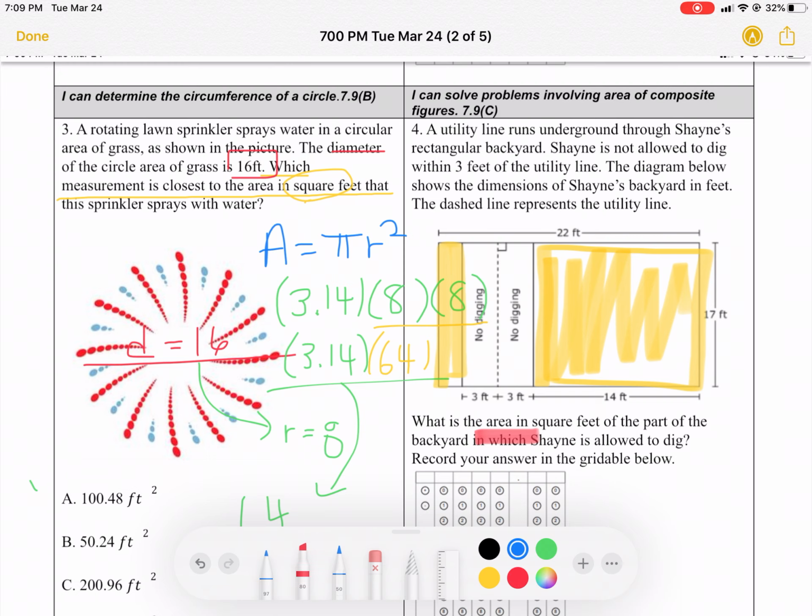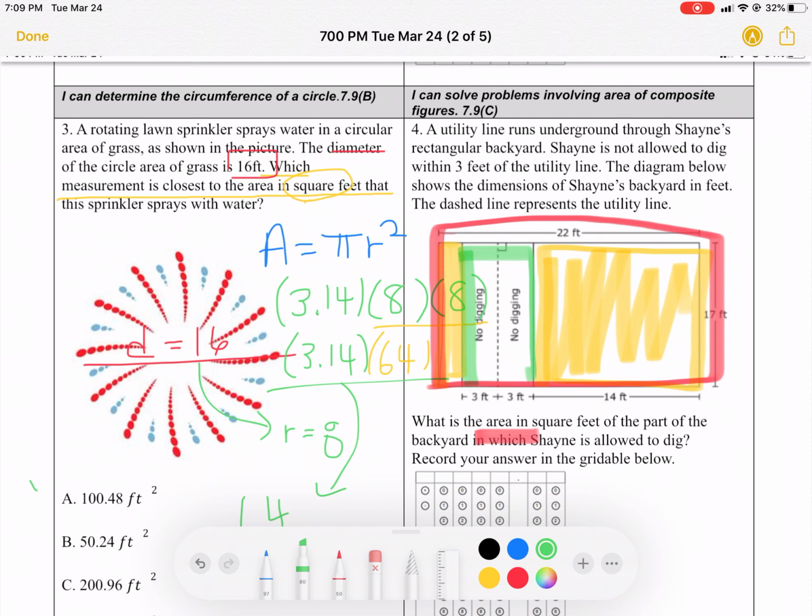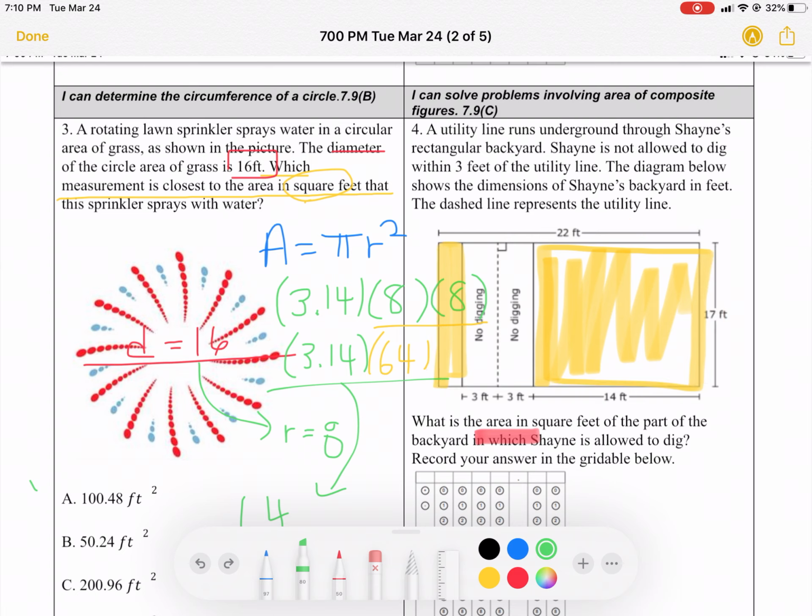So what I'm thinking is I could just find the area of the whole thing, which I'm going to outline in red, and then I'm just going to have to subtract the part where it says no digging. So let's find the area of the big part, the whole thing, which is going to be the red.